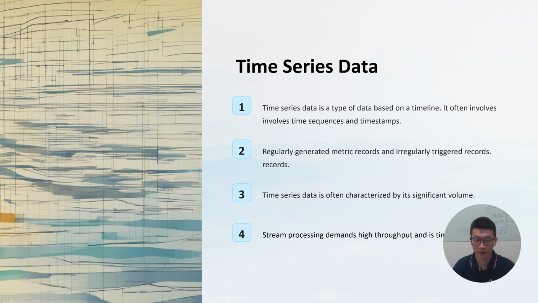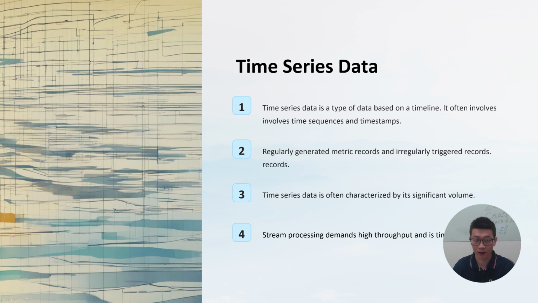Stream processing data typically consists of recent measuring records, such as those from monitoring data in environments like data centers. These metrics may include CPU usage, memory utilization, disk usage, and various other indicators. These metrics are regularly collected. Additionally, there are sporadic event records that are not collected on a regular schedule. They may be triggered by specific conditions.